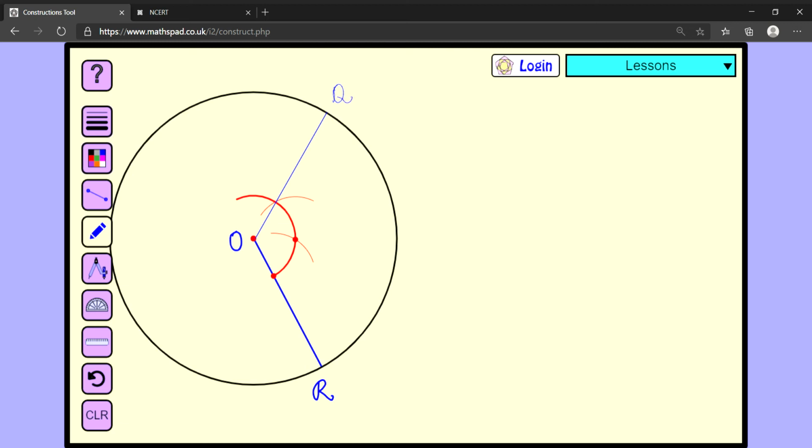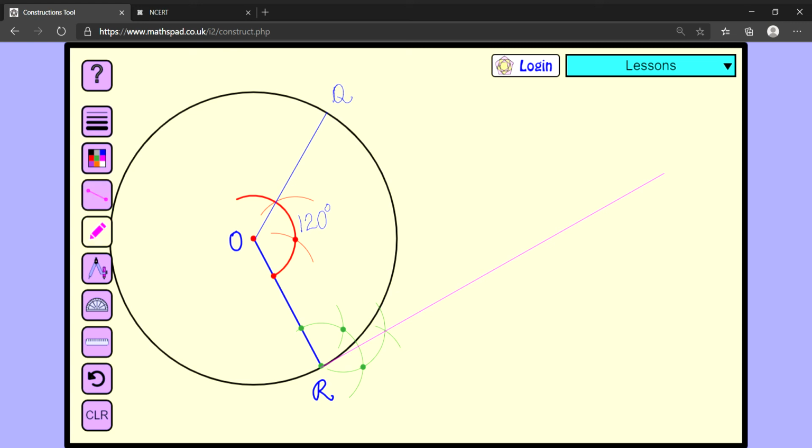So these two radii are inclined to each other at 120 degrees. Now I want to construct perpendiculars at the endpoints of these two radii. Let's draw at the endpoint R. So right through point R, draw a perpendicular.